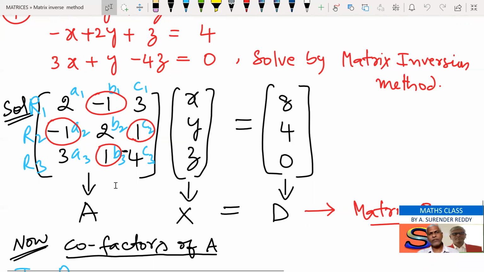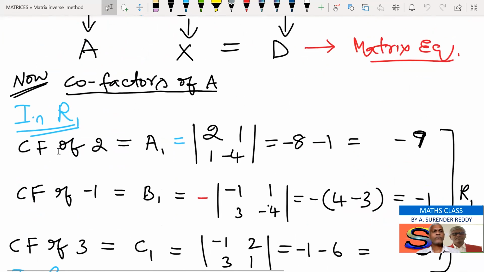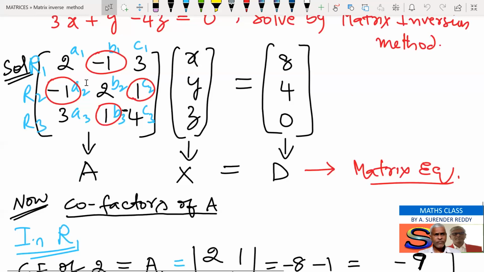The small a1, b1, c1, a2, b2, c2, a3, b3, c3 are the elements, and the capital A1, B1, C1 are its cofactors respectively. Now in the first row, the cofactor of the first element 2, let it be capital A1. So the same procedure.